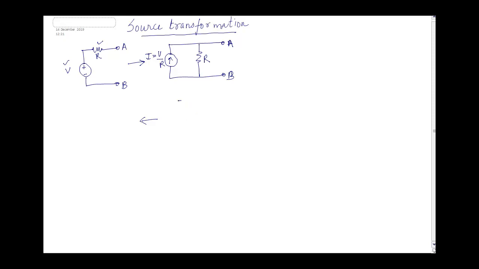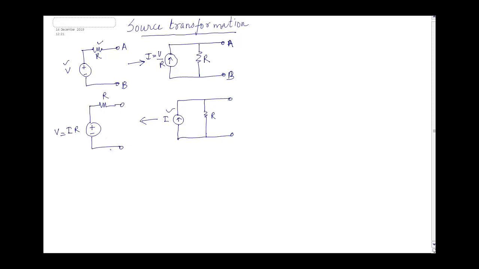For example, if we have in between terminals A and B a current source whose value is I and resistance R, then we can transform that into a voltage source in series with a resistance where the value of resistance remains the same, R. The voltage is the current I into the resistance R. So it is I into R. That is going to be the voltage.